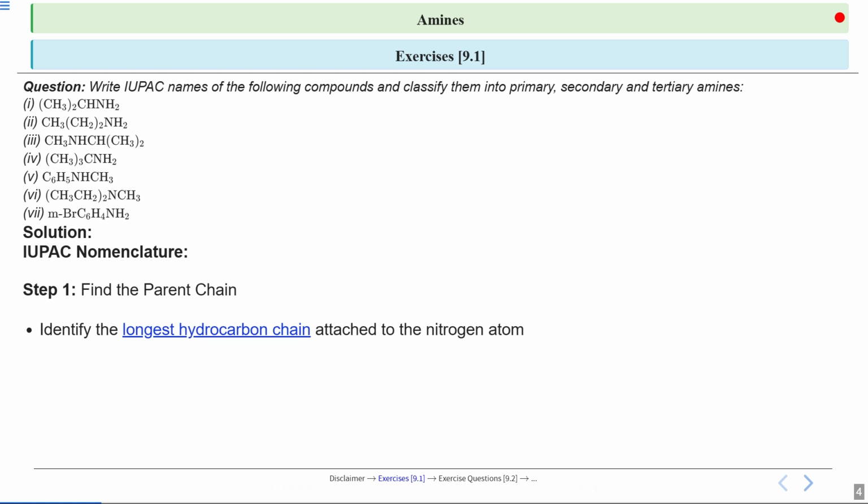So this is step 1. Step 2, you have to name the parent chain as an alkane. Suppose it contains 2 carbon atoms, it will be ethane. If it contains 3 carbon atoms, it will be propane. So you have to name this chain in this manner.